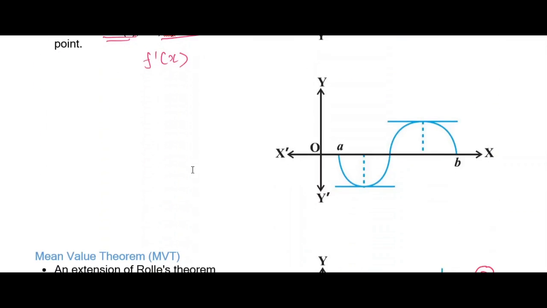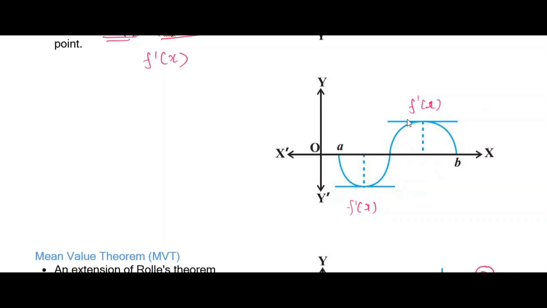This is another model where A and B lie on x, is it not? That is, y is equal to 0. So in that case, you can see there is a f dash C, and here also f dash C lies anywhere. So there is a slope here.